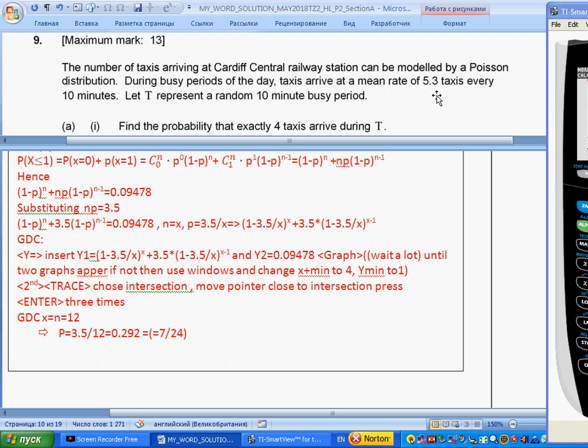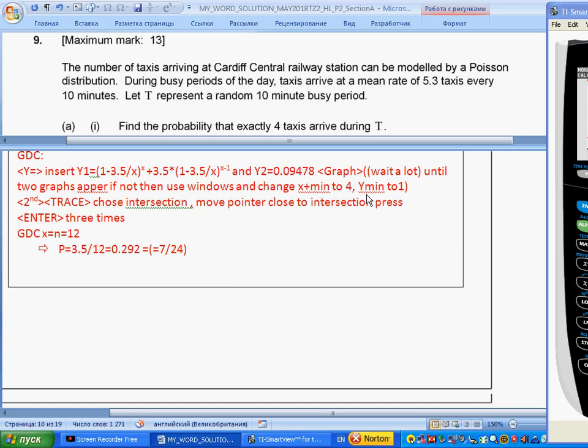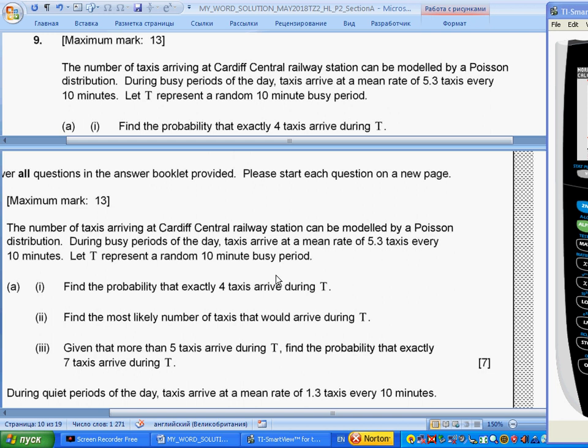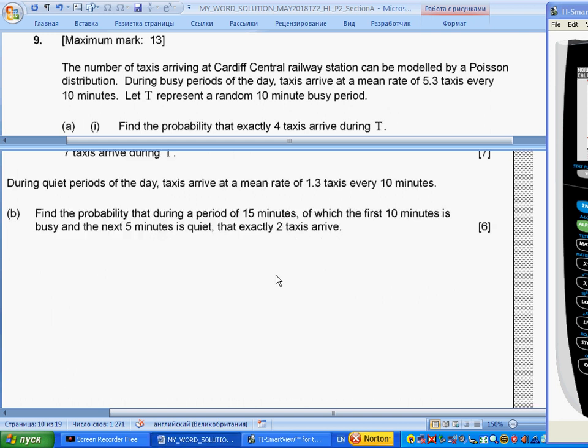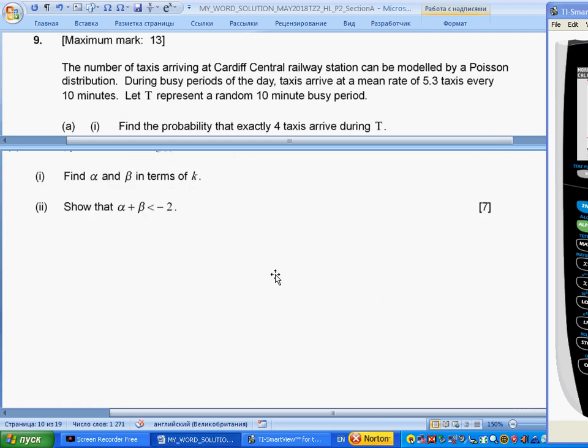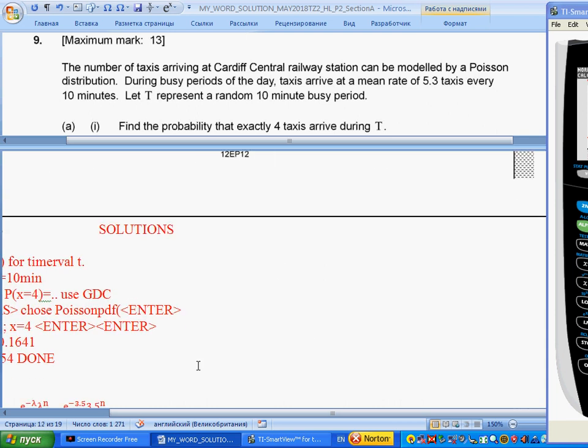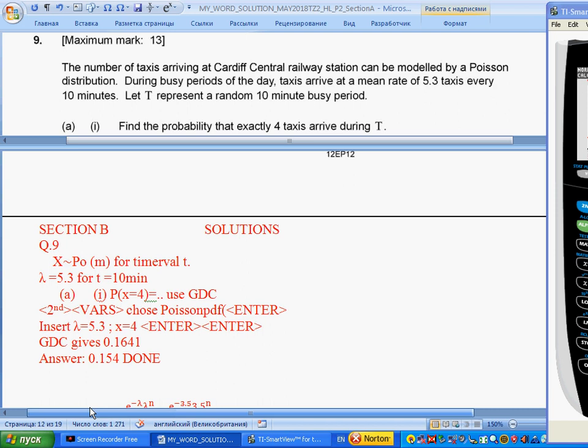Let T represent a random 10 minute busy period. Find the probability that exactly 4 taxis arrive during T. The solution should be given not here but on separate attached pages. This is why we go lower.